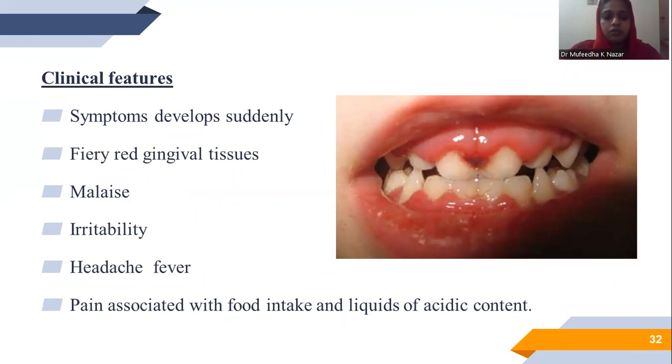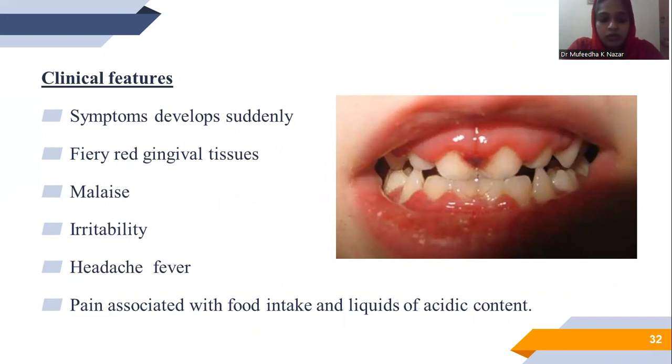Now coming to the general clinical features, usually this herpes simplex virus infection has a sudden onset, that is, symptoms develop suddenly. The patient will have fiery red marginal gingival tissues, and the infants may show irritability and refusal to take food. This viral infection is usually associated with prodromal symptoms like headache, fever, and malaise.